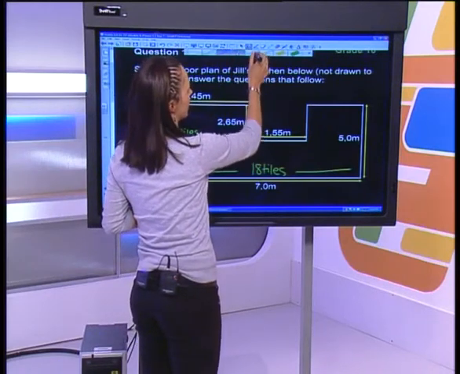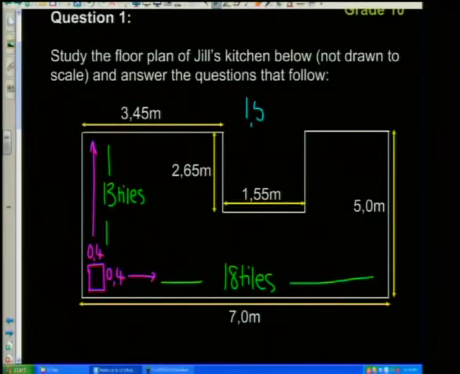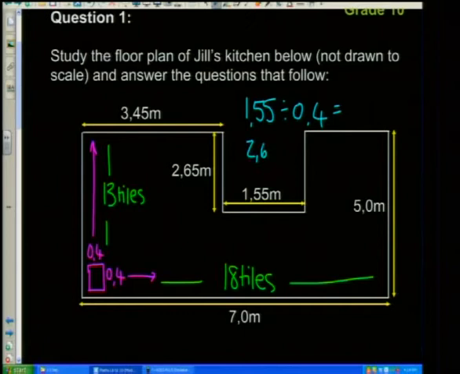So we said 1.55 divided by 0.4, and we get our answer. And we're going to do the same thing with 2.65 divided by 0.4. And that'll tell us how many tiles we're trying to work out will fit into that length over there and how many tiles will fit into the width.